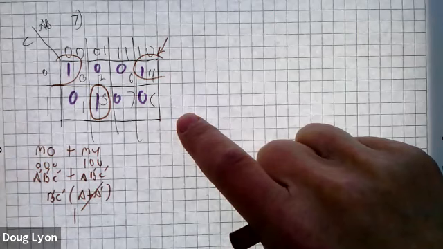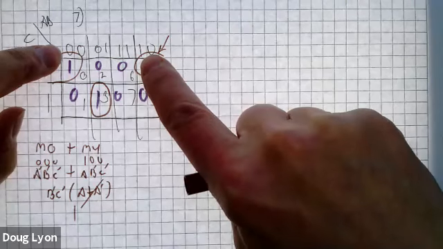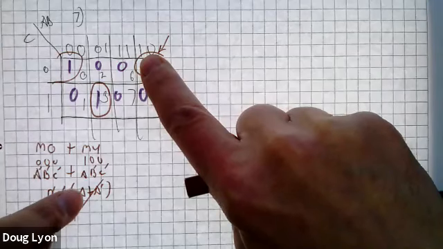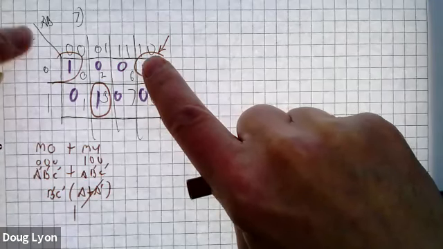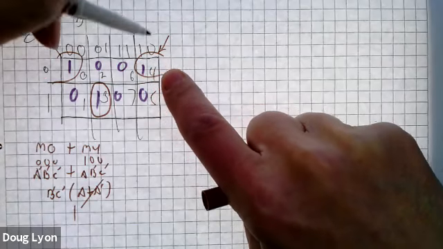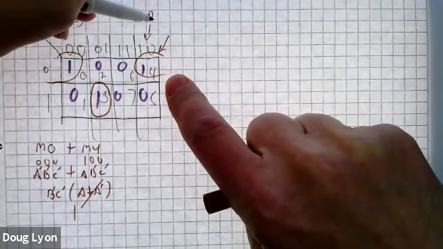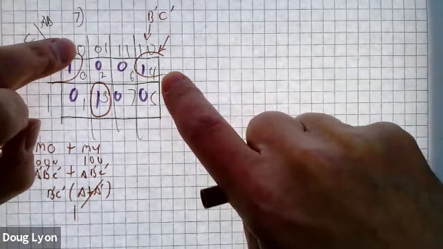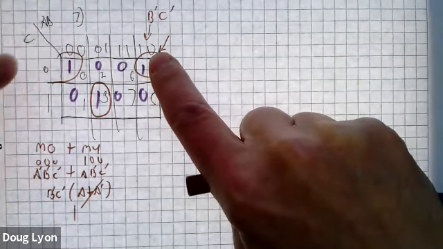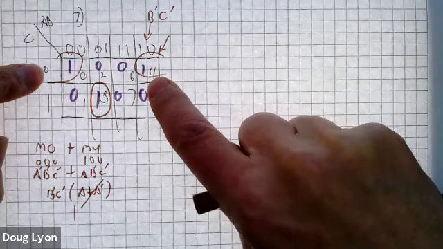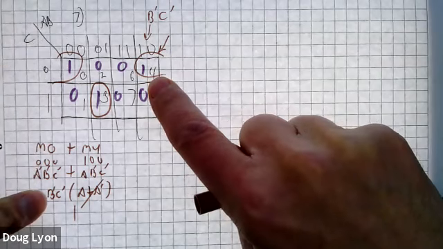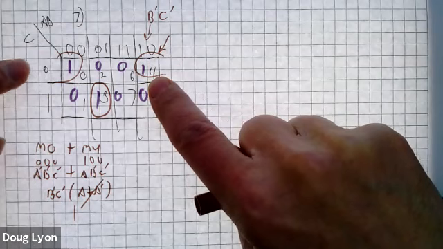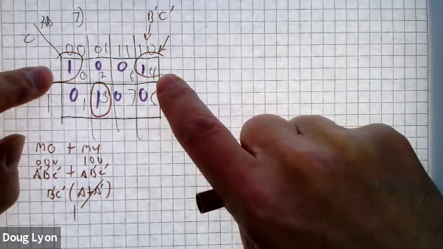This goes to 1. When you see that A is changing, you're factoring this out automatically. What you get left is B prime and C prime, because B is unchanged at 0 and C is unchanged at 0. And there it is, B prime, C prime. So that's the product term.